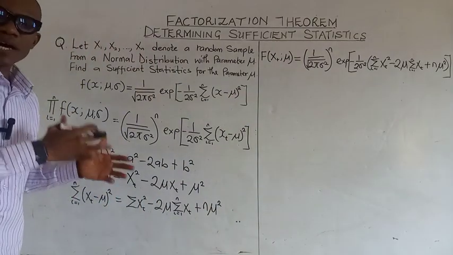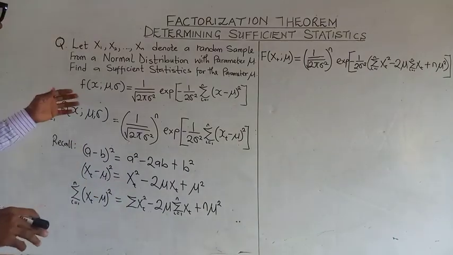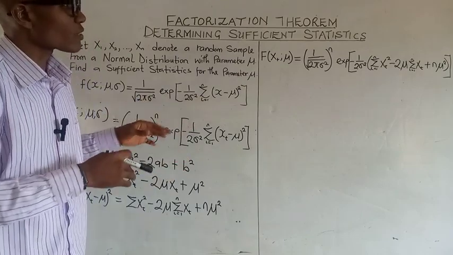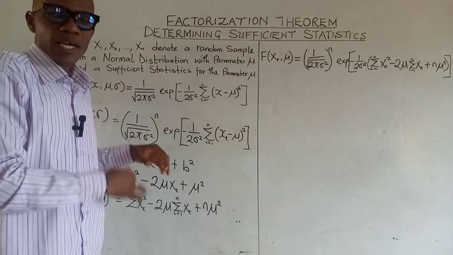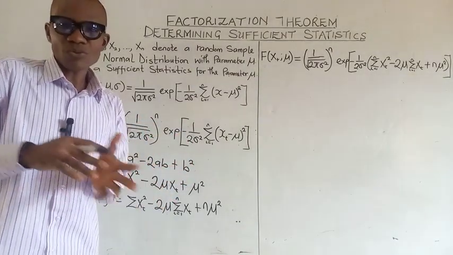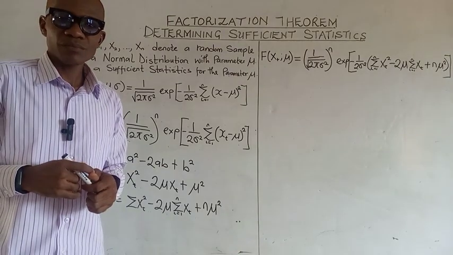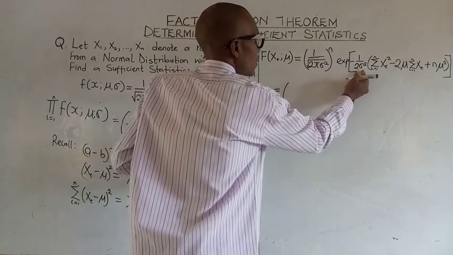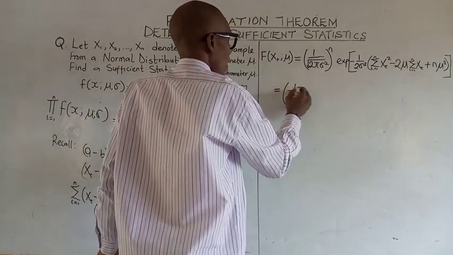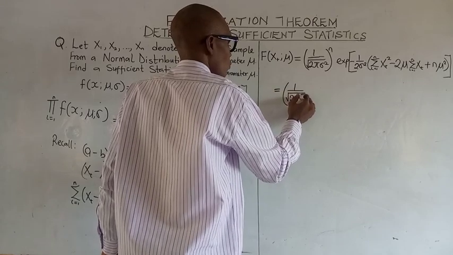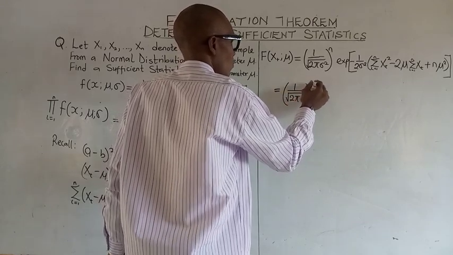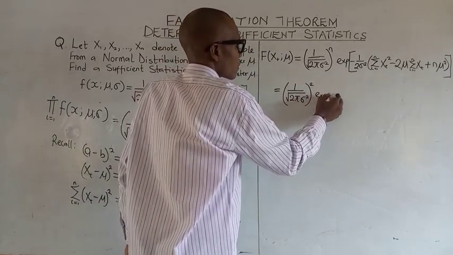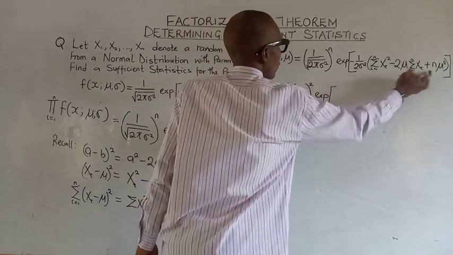Now, how do we factor out these things? Now we're talking about mu. So we'll bring all the functions that are attached to mu to one side, and all the functions that are not attached to mu to the other side. For this, we also note that this can multiply the whole of this. We open that bracket. So we have 1 over square root of 2 pi sigma squared to the n, exponential, and we are now multiplying the whole of this with this.